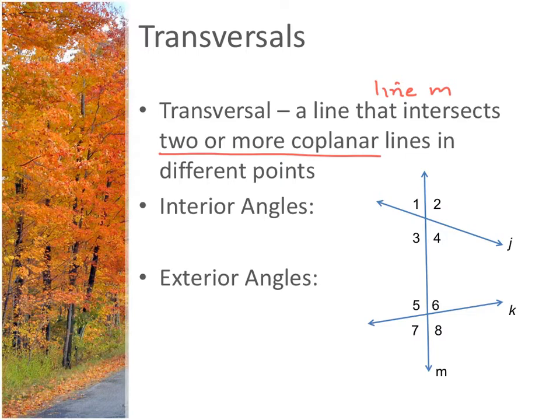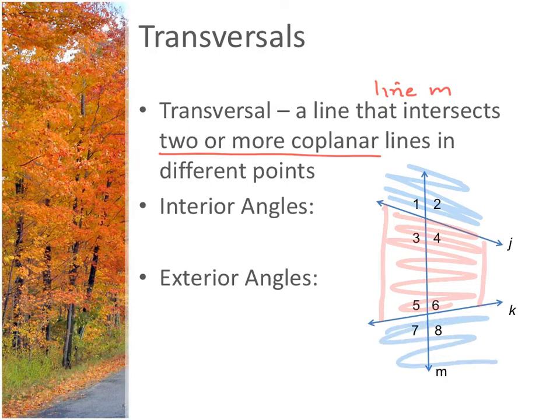Now in this figure, when we have two or more coplanar lines that have been intersected by a transversal, these lines form interior angles that are on the inside and angles on the outside. So if I were to sort of box them in and make it like an imaginary box here, then the interior part would be this. And then these would be on the outside of the lines, so these would be exterior.